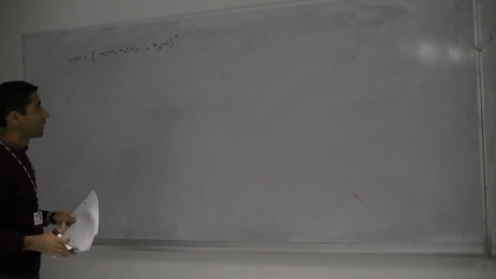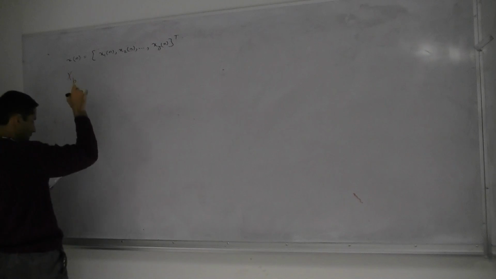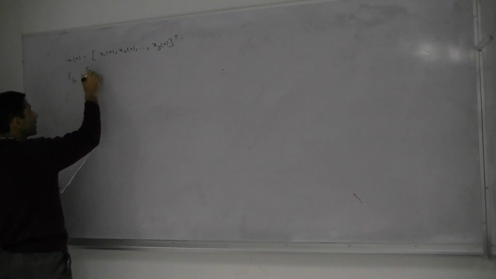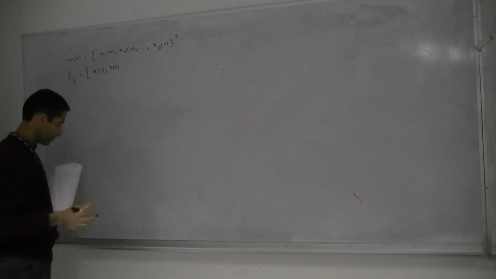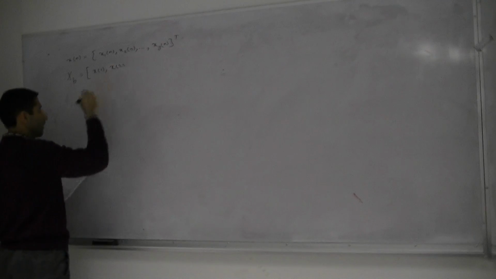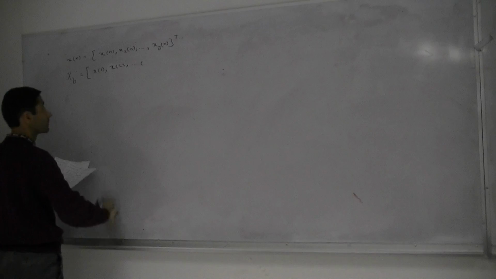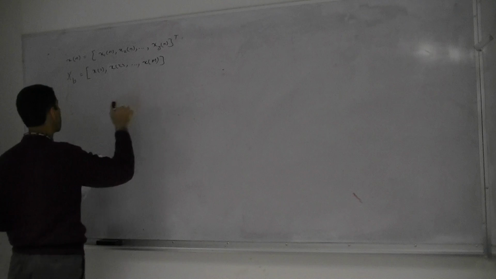It has the j value for each entry, and all of the data that we will use, x sub b, is the matrix of all of the data, x1... it's the whole data.